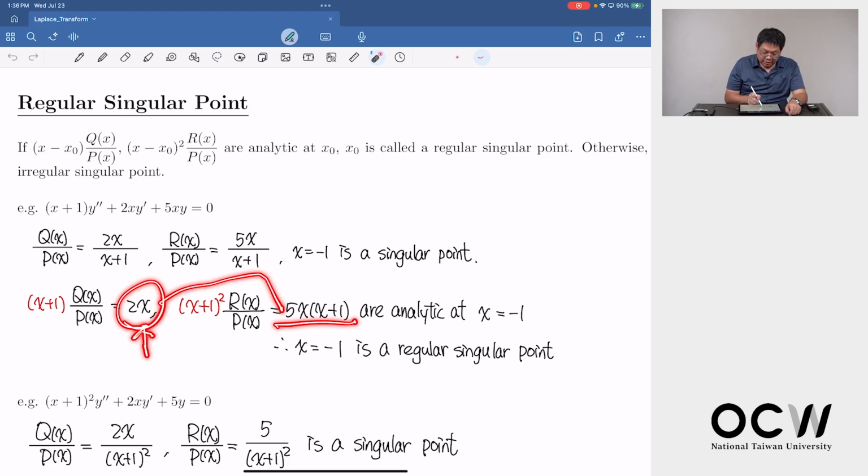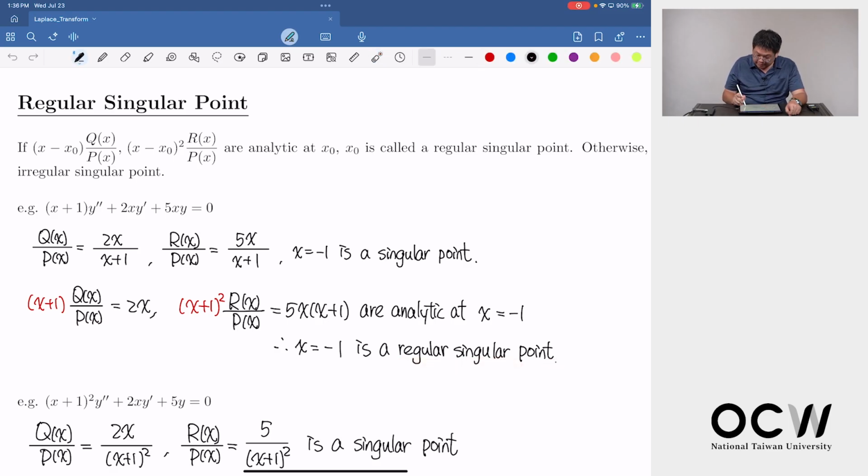Therefore, those are analytic at x equals minus 1. There's no denominator term here. So x equals minus 1 is a regular singular point. Okay?